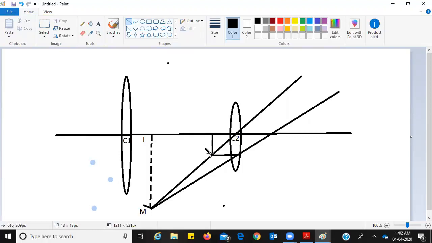You can draw a line passing through C1 from the top.